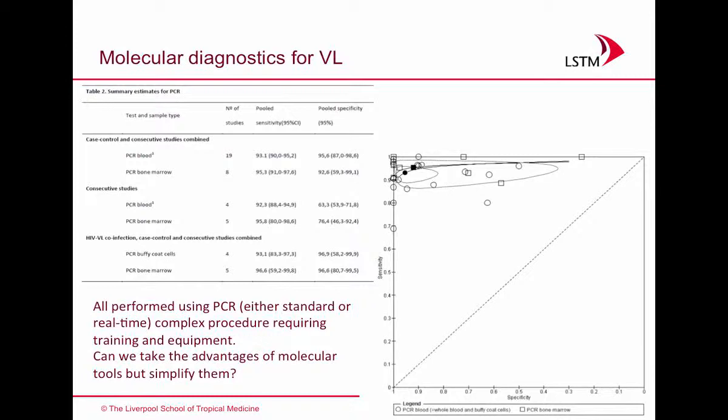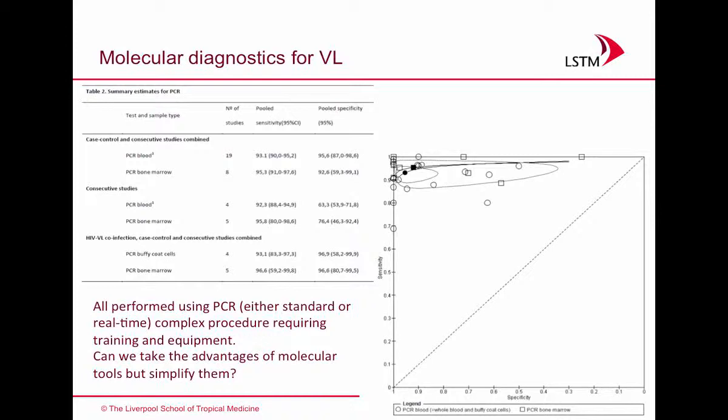And we pulled all the sensitivity and specificity values across the board for all of the studies on molecular tools. The largest number of studies was PCR performed on blood, and here we have 19 studies, and if we pool all of our patients, then we get a good sensitivity of 93% and a good specificity of about 96%.